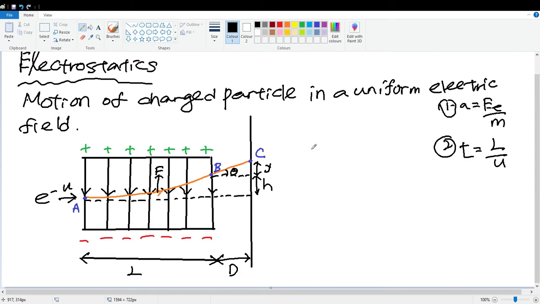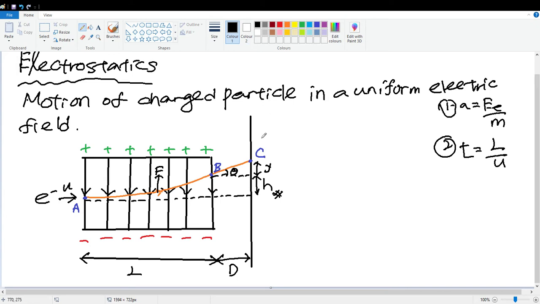As for the third information, we have a, we have t, so what we need to find out is this h. What will be our h then? Let me observe for a while.